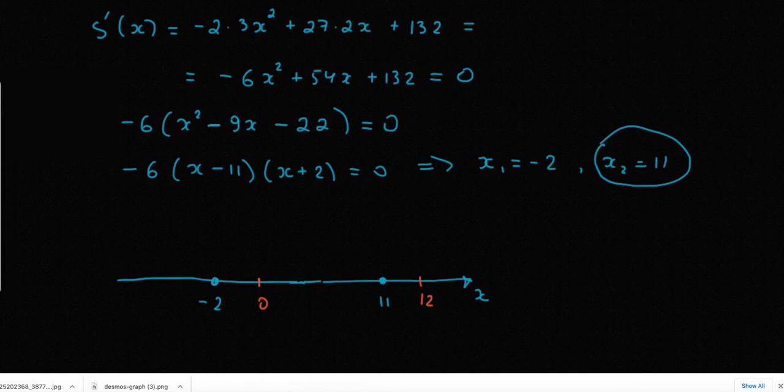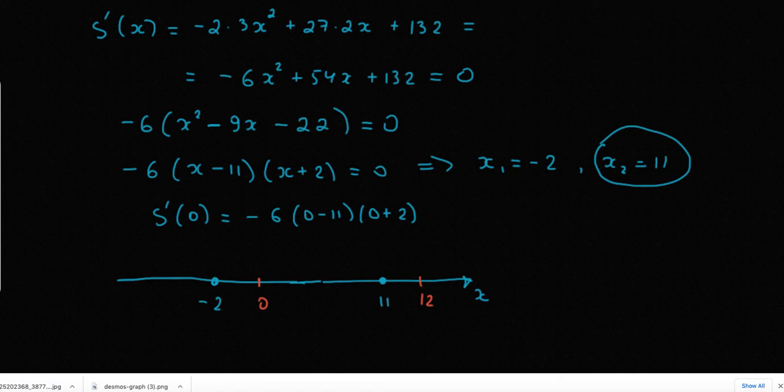So if you plug in the value of x equal to 0 into the derivative, you're going to get negative 6 times (0 minus 11) times (0 plus 2). I'm using the factored out form of the derivative, and I don't really need to calculate the value itself.